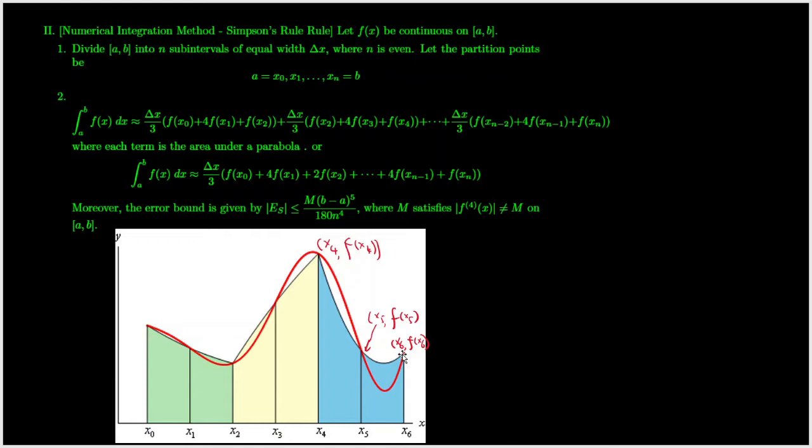Actually, it can be proved the area under the parabola determined by these 3 points is given by 1/3 of the width of the subinterval times the value of the function at x4, f of x4, and then plus 4 times the value of the function at x5, and then plus the value of the function at x6.